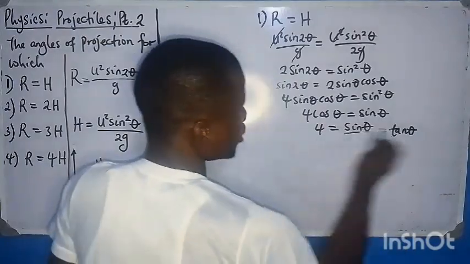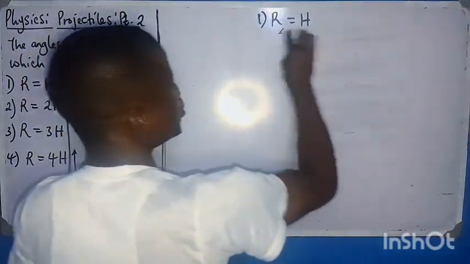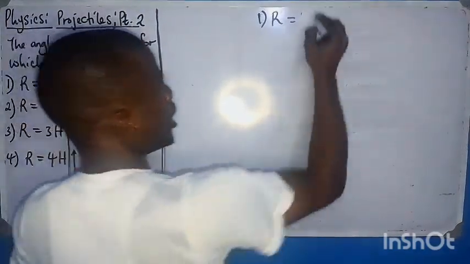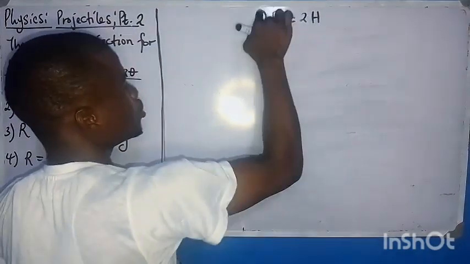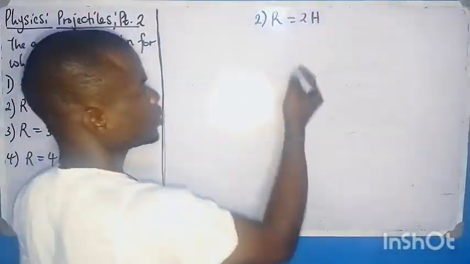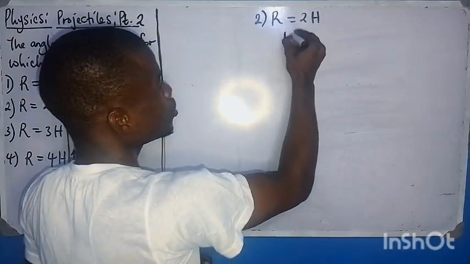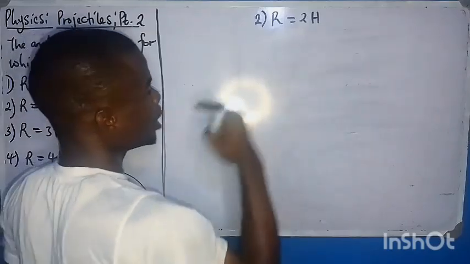Let's look at case 2, where R is equal to 2h. What's the angle? So remember, we should leave out the u squared and the g since they are going to go out.